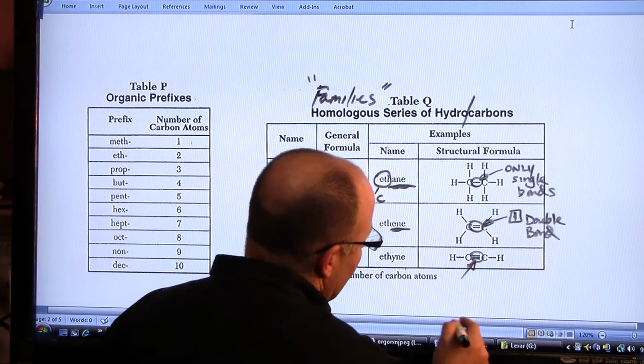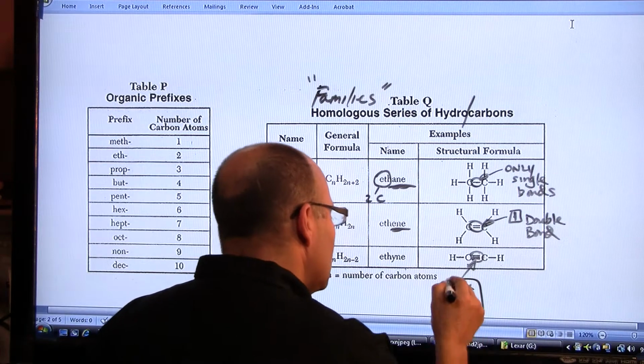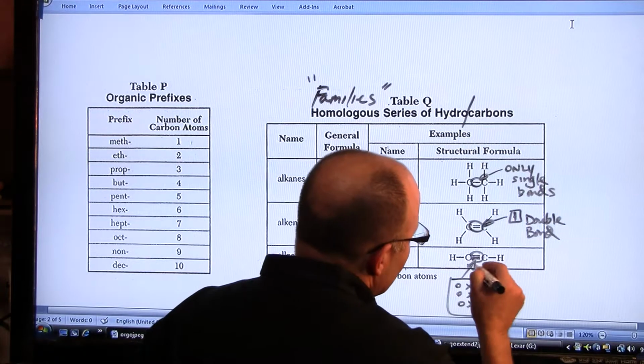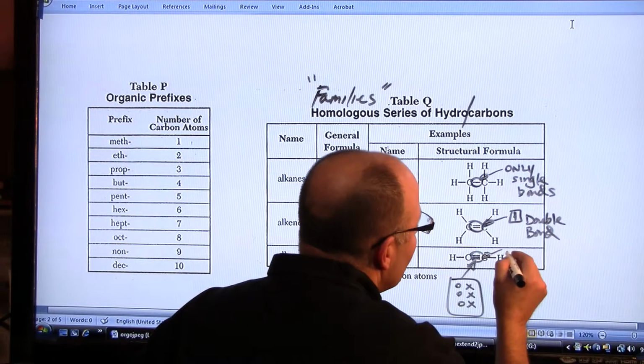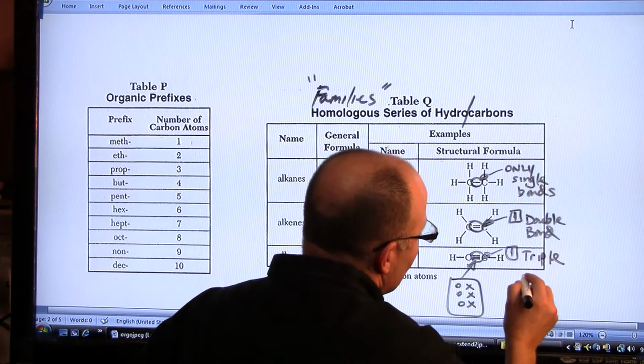And that would be, if you want to play tic-tac-toe, really 6 electrons or 3 pairs. So the alkynes have 1 triple bond, triple covalent bond, of course.